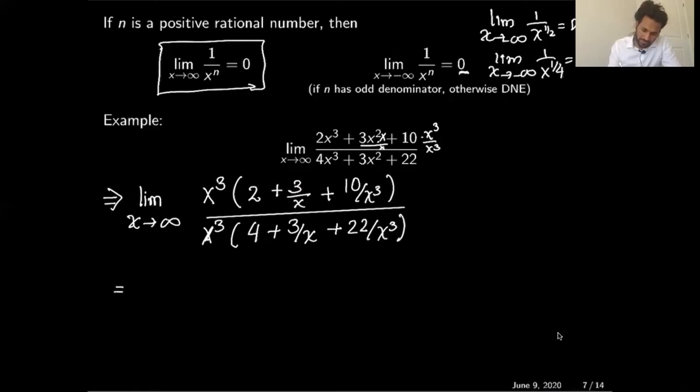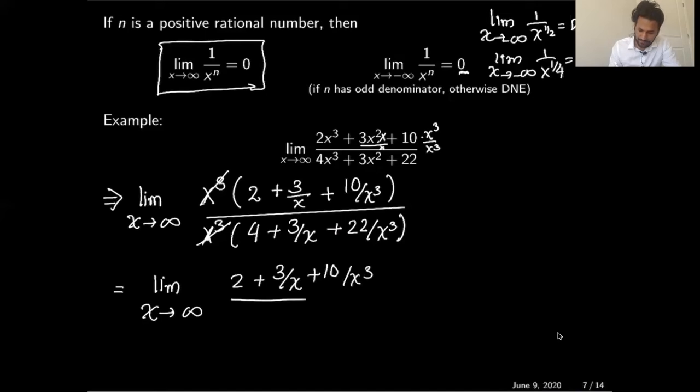In the next step, I will cancel out x to the power 3, and I have the limit as x approaches infinity of (2 + 3/x + 10/x cubed) over (4 + 3/x + 22/x cubed). And 1 over x to the power n is 0, depending on whether you're approaching from plus infinity or minus infinity.